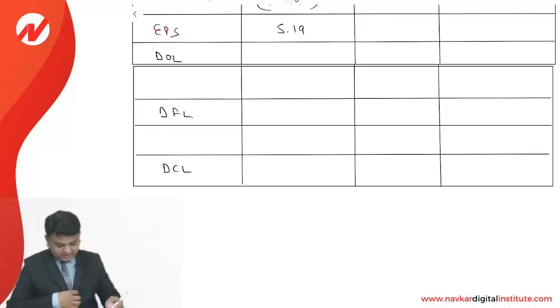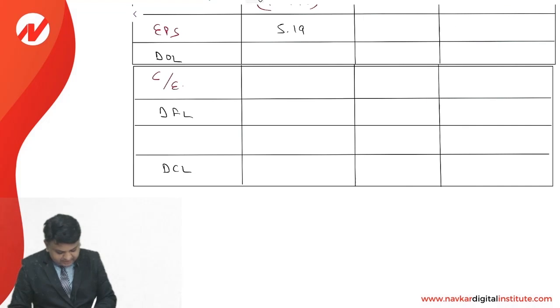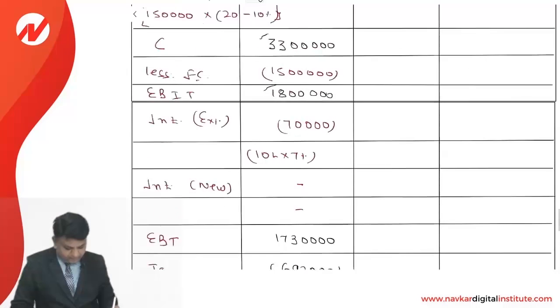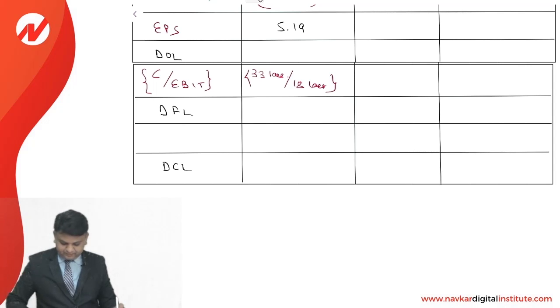So over here it is contribution upon operating income. So 33 upon 18 comes to 1.833333.